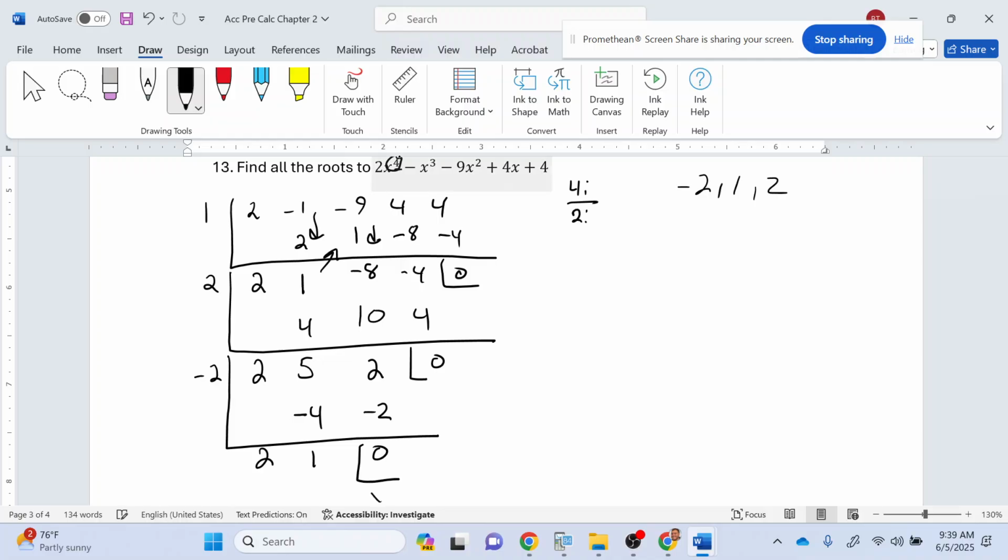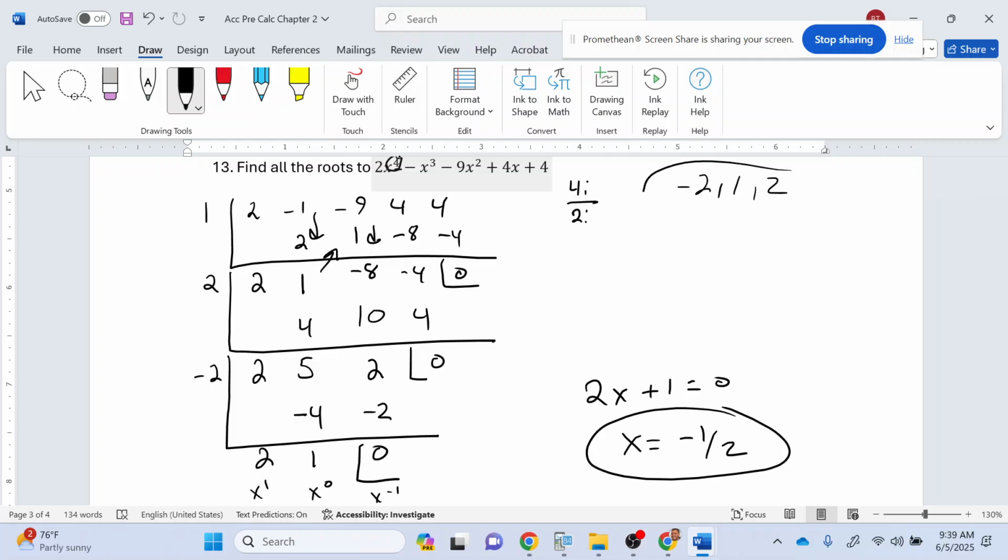So what is this? Remember, this is x to the -1 technically. So this is x to the 0, x to the 1. So now I just have 2x plus 1 equals 0. Wait a second, I can easily figure that out. What's my final answer? Good. My final answer is -1 over 2. So my answers are -2, 1, 2, negative a half.